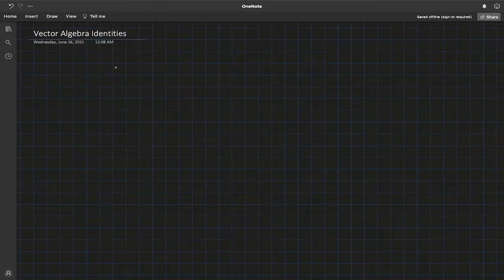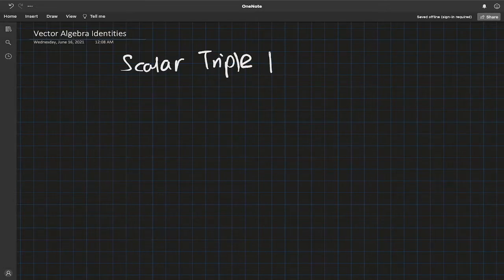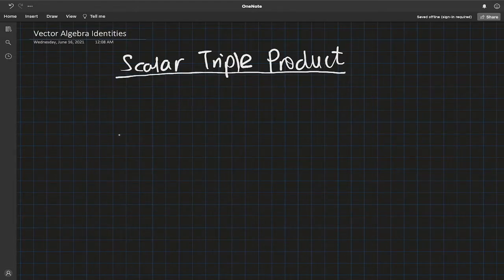Okay, so the first identity or property I want to show you is actually called the scalar triple product. So what is this?